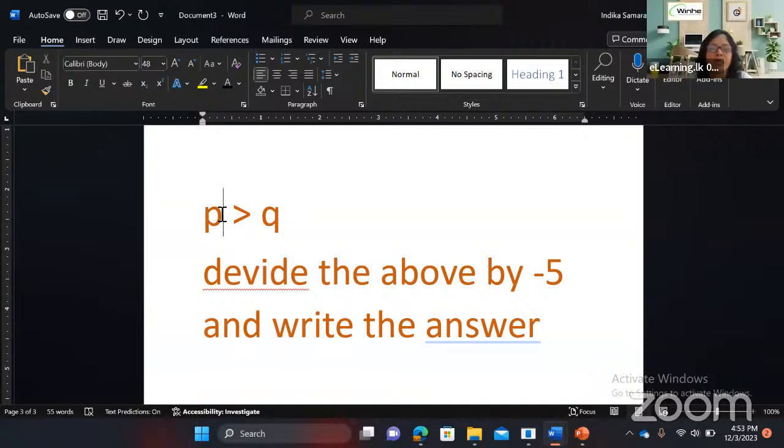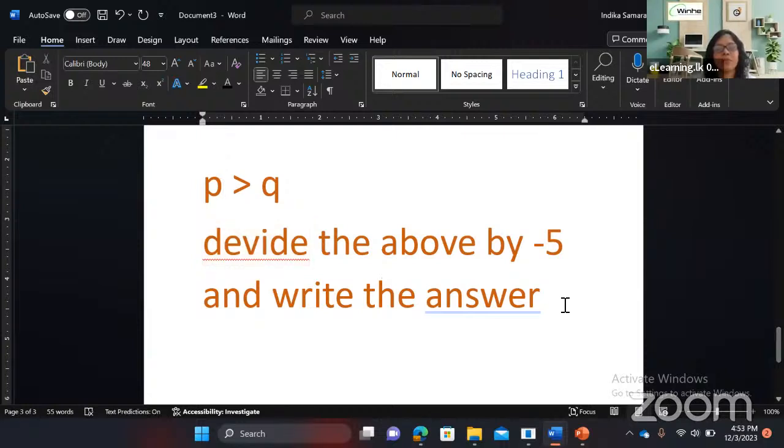If you divide both sides by -5, the answer will be P divided by -5 less than Q divided by -5, right?